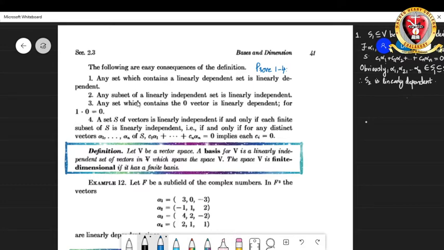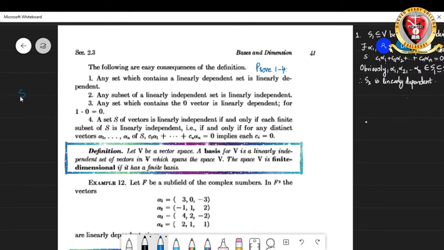And how can you prove two? The logic is, if we have a subset of a linearly independent set, and the subset is linearly dependent, that means the set we are discussing will also be linearly dependent.